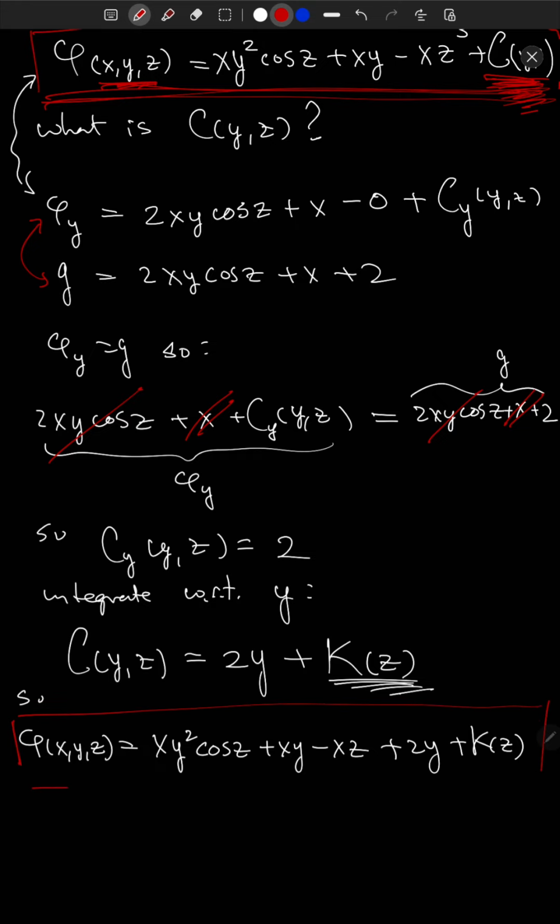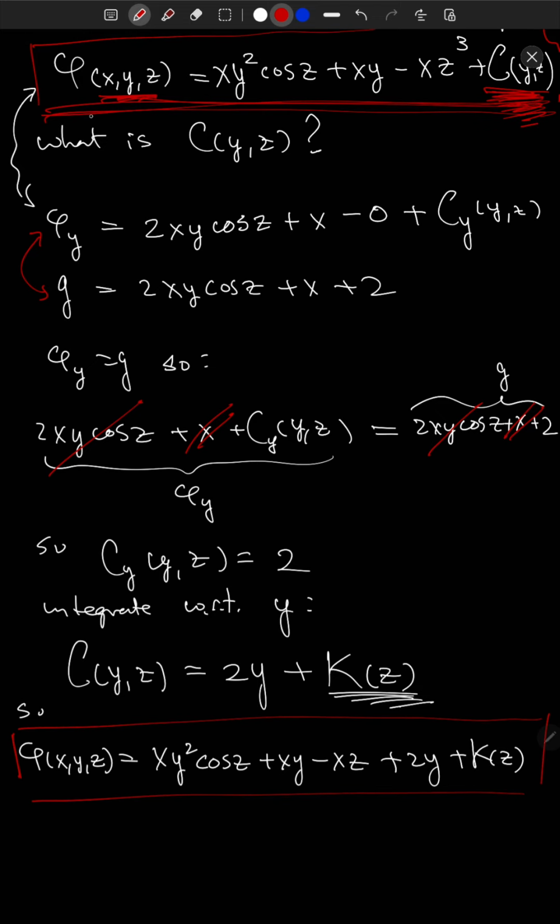Okay, and again, we've made progress. In the upper equation, we did not know c, which was a two-variable function. Now in our current situation, we don't know k, but k is only a one-variable function. So we've reduced it from 3 variables to 2 variables to now just one variable being unknown.